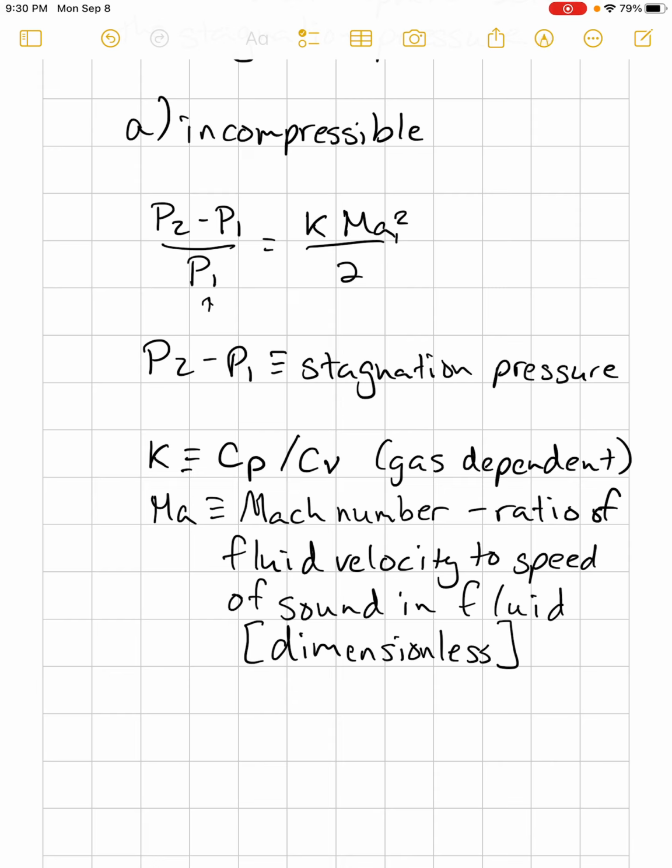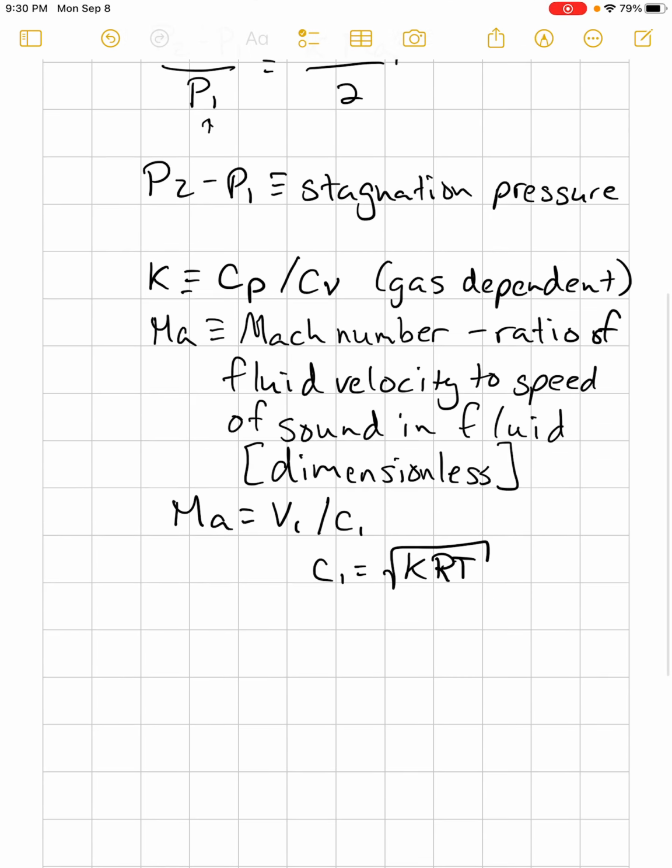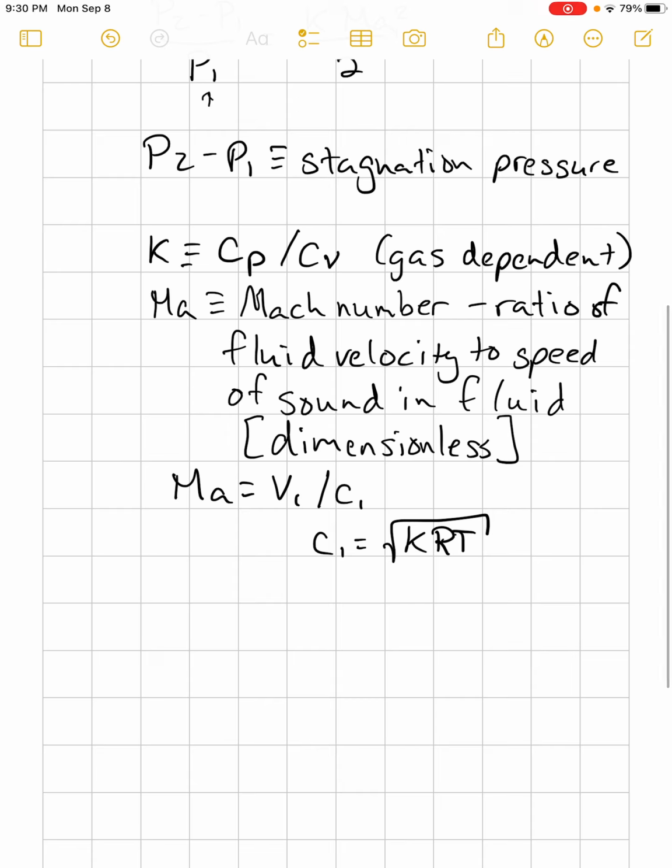Okay. What it's equal to, so the equation you can use is that the velocity is over the speed of sound, and the speed of sound is determined by calculating the square root of K times RT. So of course this is in a gas. We have a different method for solving this for a liquid. Okay, so in this problem, we're actually given the Mach number. So we don't have to worry about calculating it out for the purposes of this, okay?